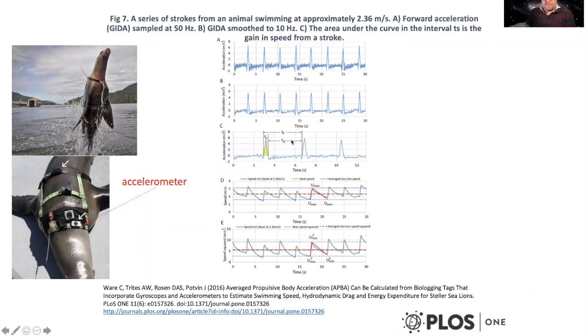And then in between here, this is the glide time. So they could see how long a sea lion is actually gliding. And from that, they could calculate its drag and how much energy it would take to swim. So this is one example of how physicists can aid biologists in their study of nature.